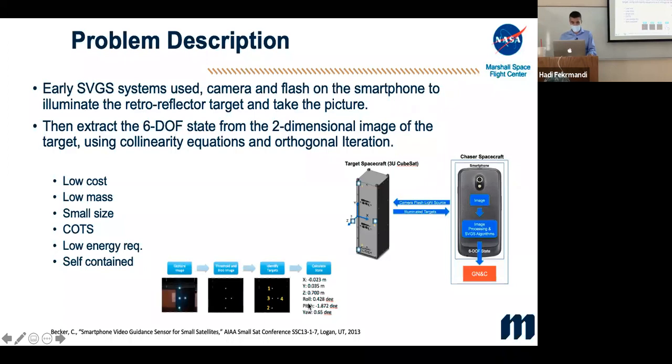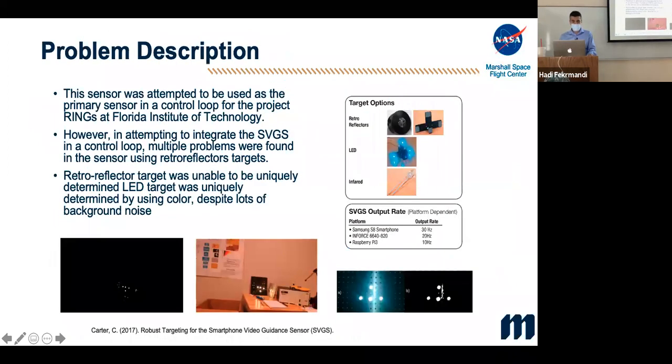But the SVGS had its own journey. It went from retroreflectors, which are shown in the target options, to LED targets that were more reliable and created less noise and reflections, as you see in the right corner of the image.